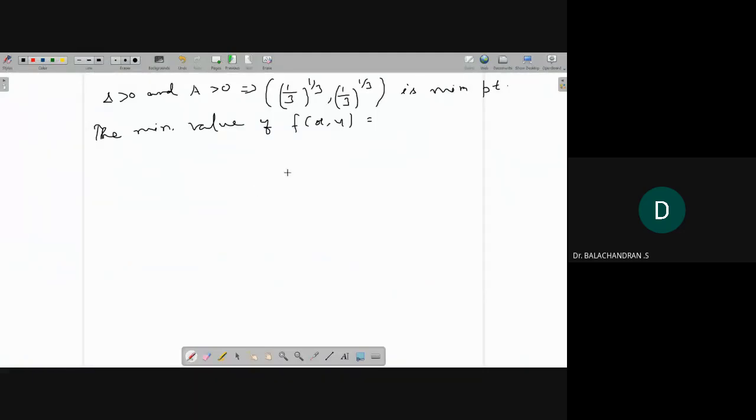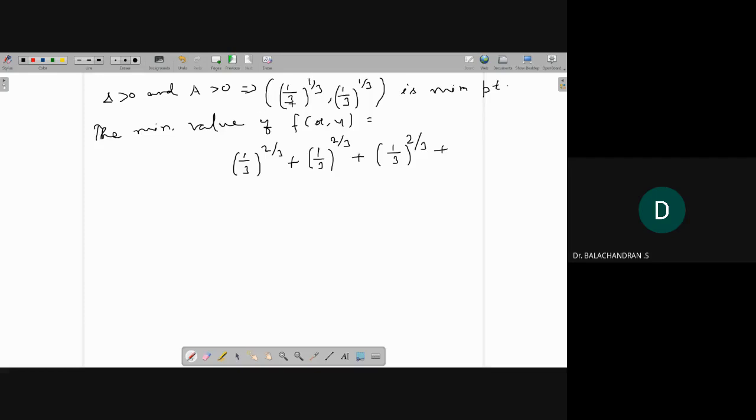Here x square, so x square means 1 by 3 whole power 1 by 3, x square means 2 by 3, plus xy. So xy means you need to multiply these two. So (1/3)^(1/3) into (1/3)^(1/3) is (1/3)^(2/3), plus y square. Y square is (1/3)^(2/3), plus 1 by x.